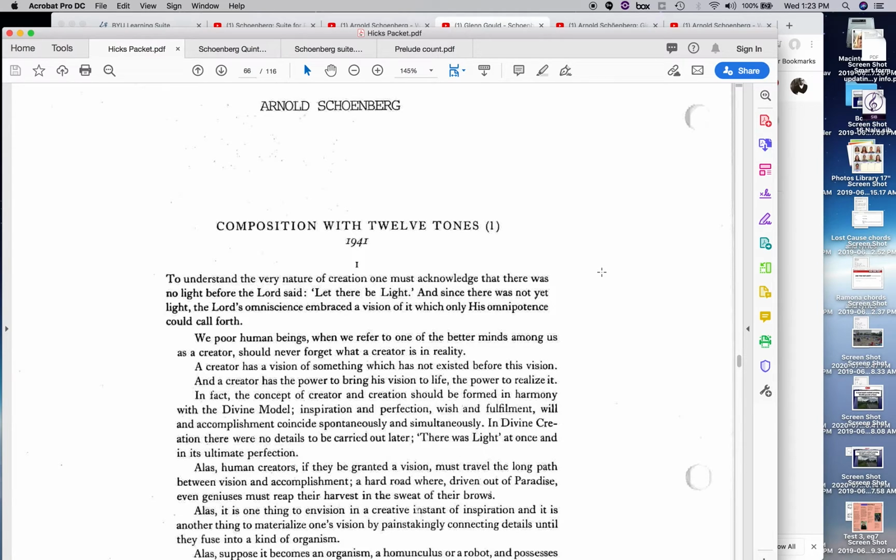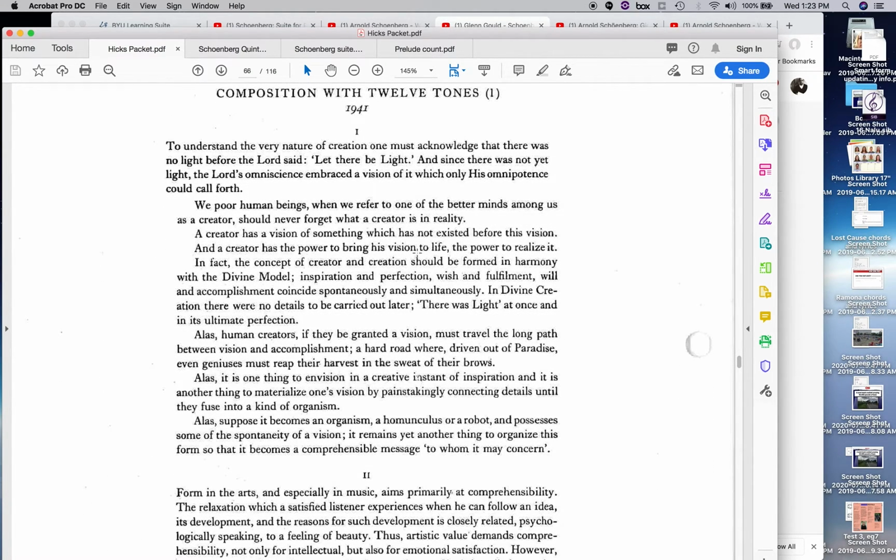Well, anyway, we're going back again to the early 1920s, although Schoenberg wrote this article in 1941, of course, and we'll look a little bit at this.